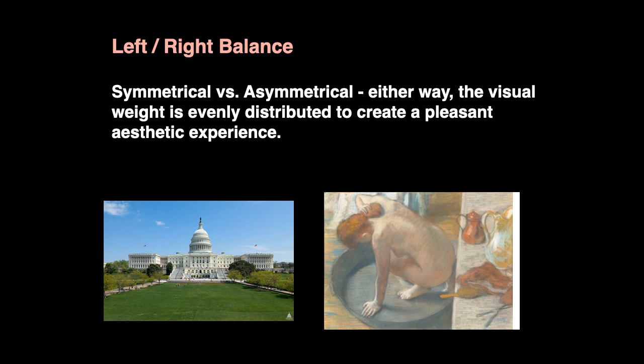The one on the right is the Degas drawing, which employs asymmetrical balance, where you've got different objects, different shapes and colors on either side, but they balance each other out. They account for one another. So you've got the woman leaning on the left-hand side, crouching down and leaning towards the left.